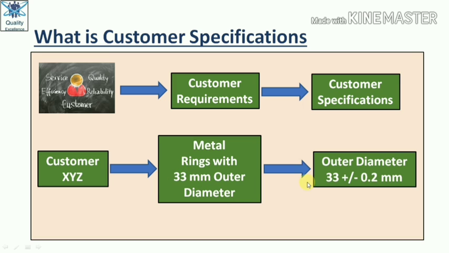The specification requirement is 33 plus or minus 0.2 mm. So this is the customer, this is the customer's requirement, and this is the specification required by that customer for this particular product. I think now the customer specification part is clear to you.